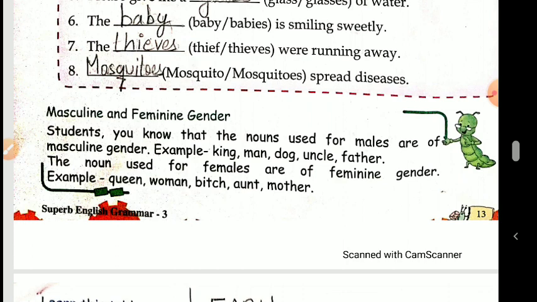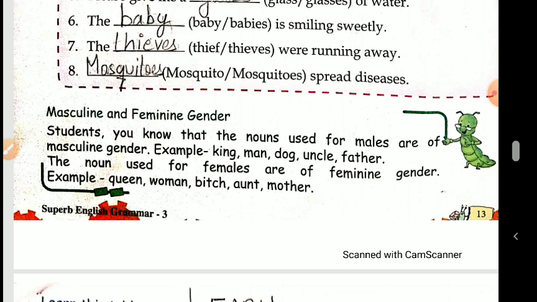So beta, जो सारे nouns males के लिए use किए जाते हैं, we call them masculine gender. And all those nouns which are used for female, they are known as feminine gender.